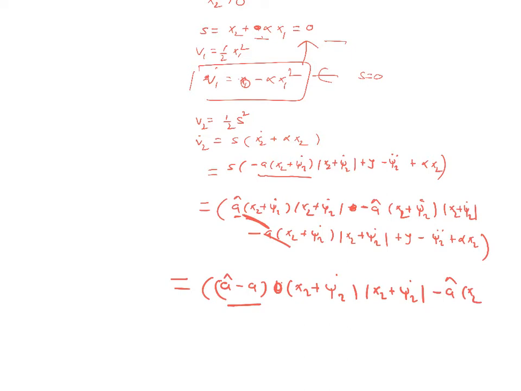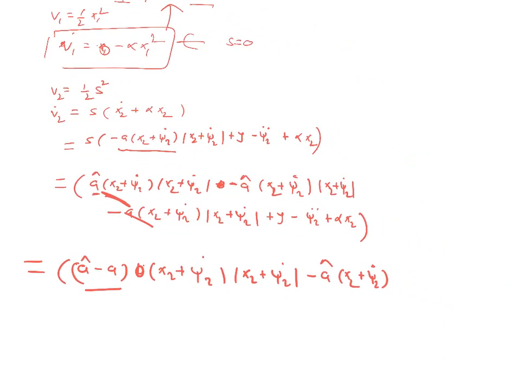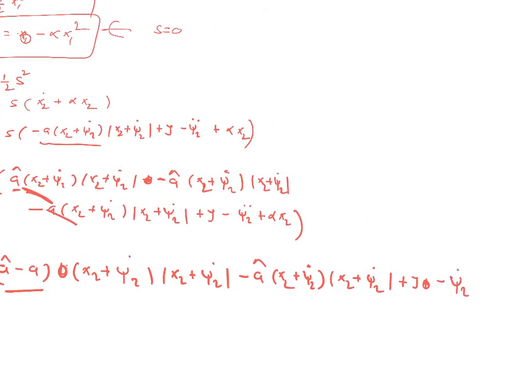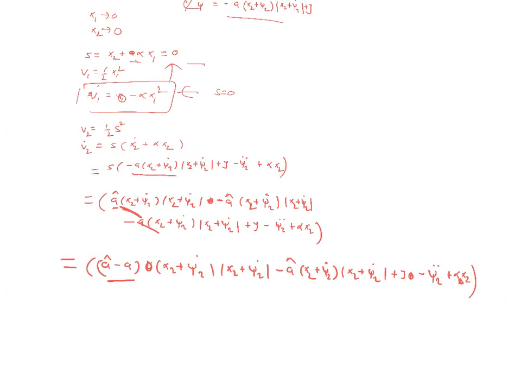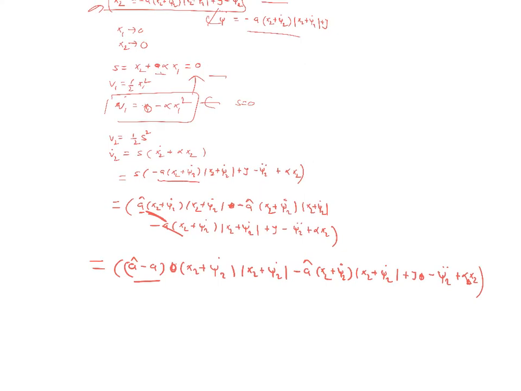Remember, a hat is known to you because it's a nominal value, multiplied by x2 plus psi r dot, plus tau minus psi r double dot plus alpha x2. So that's our s times this, that's the term.